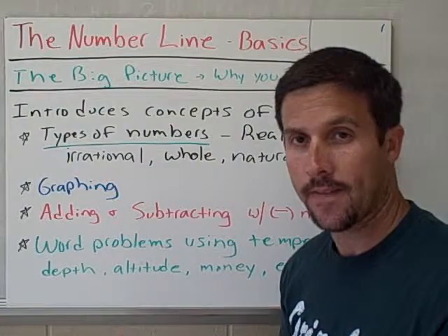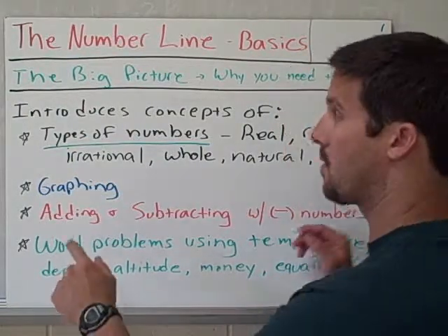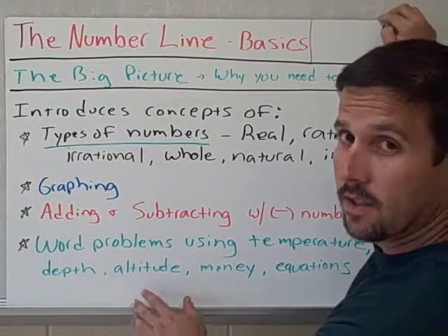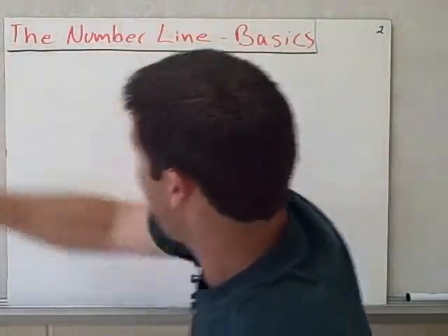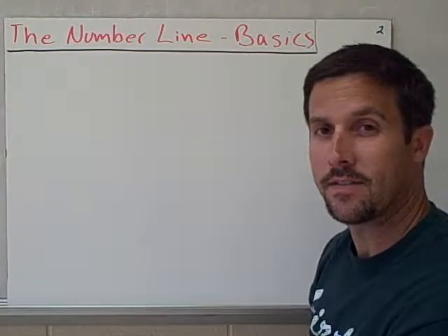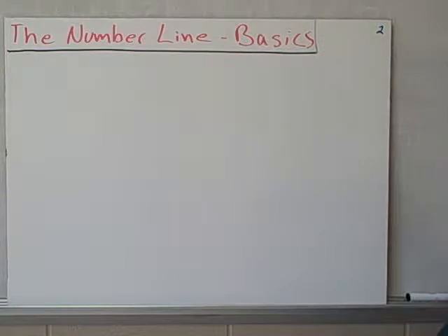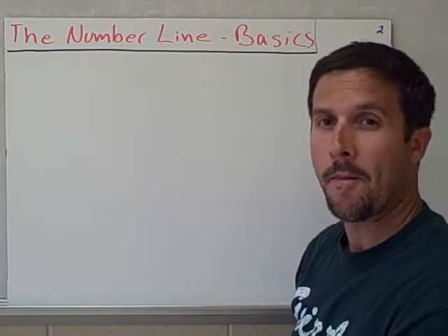Are you ready? Are you sitting down? Okay, here we go. Here is the number line. Oh, just look at it. Isn't that beautiful? I know you're thinking, wow, Mr. Kent, that's pretty non-spectacular.